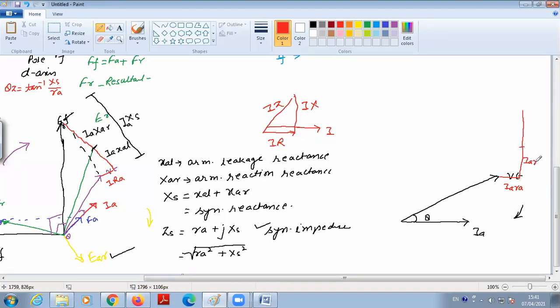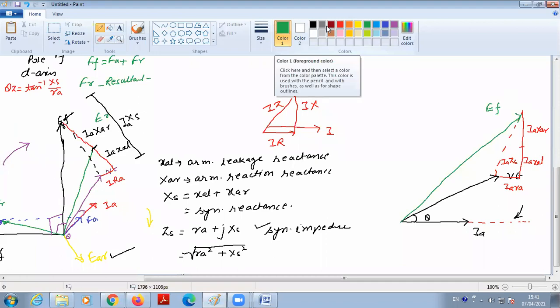One is IAXAL, and this is IAXAR, the total reactance, and this is nothing but IA into Zs, synchronous impedance. So what would be the total value? This total value is nothing but the excitation EMF. This vector is very important, we will refer to this one.